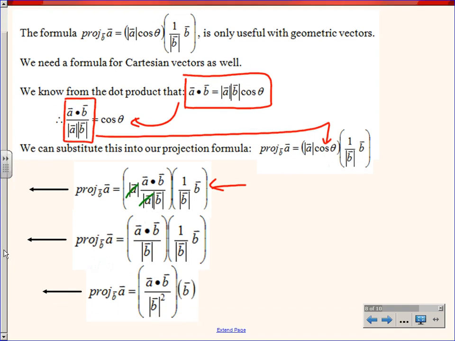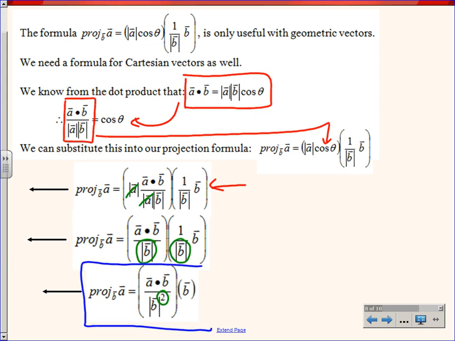And then you've got the magnitude of B and the magnitude of B again, so we can write that as the magnitude of B all squared. And that actually works out really nicely, because we calculate the magnitude of a vector using Pythagorean theorem, right? We have to take the square root. Well, now that we square it, that's going to take away the square root. That leaves us with this.